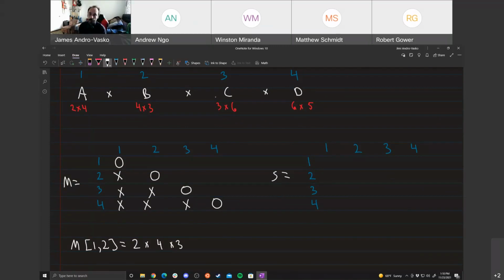There's no better way you can do this. The result is, I believe, 24. So multiplying A times B, or M1 with M2, there are 24 multiplications needed, and that's the best we can do. There's nothing better, because A times B, we can't improve that. So that's pretty much that.